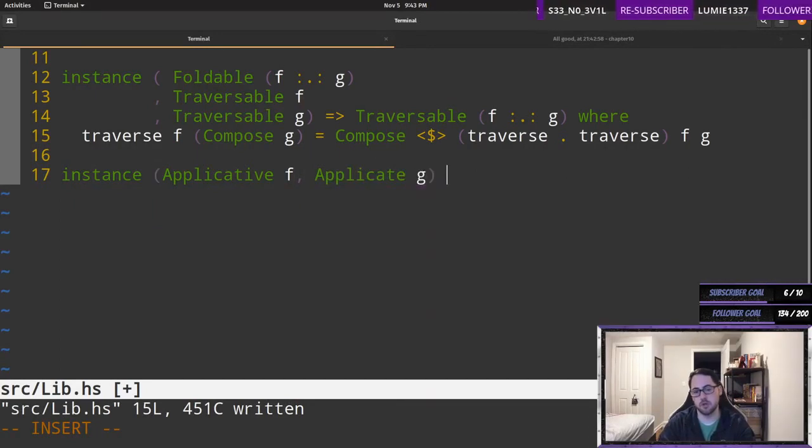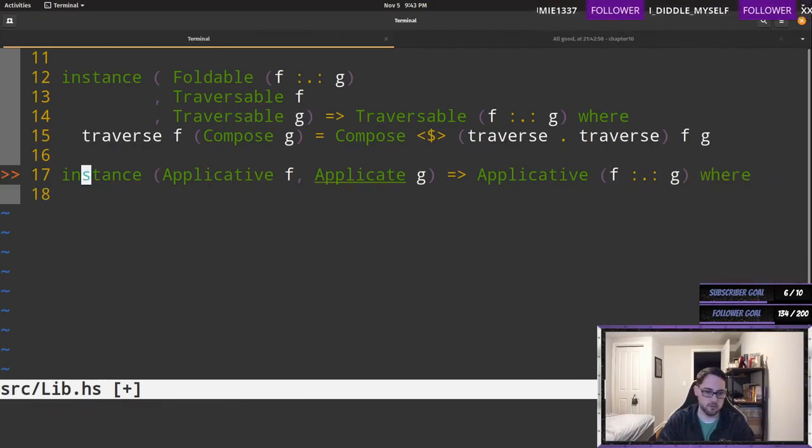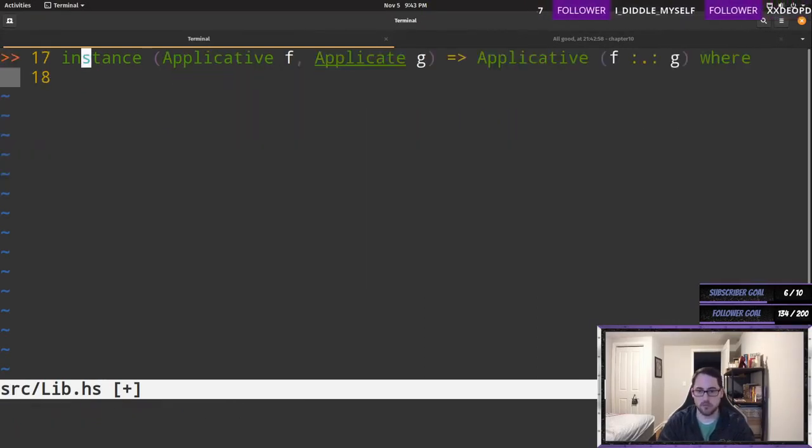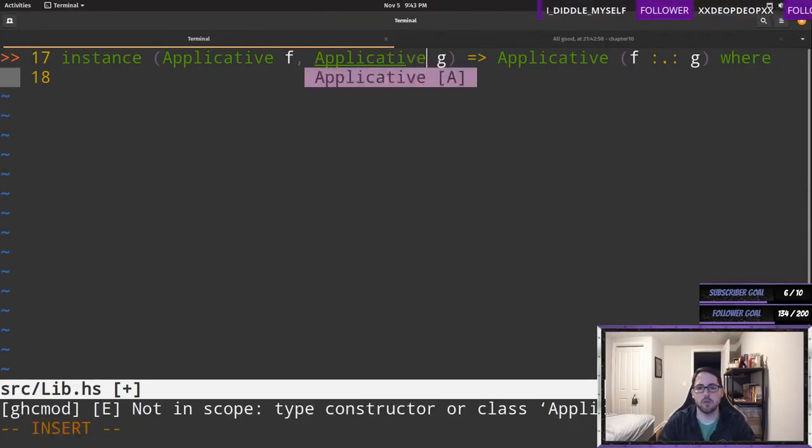G. Ooh, I keep writing this. Applicative.